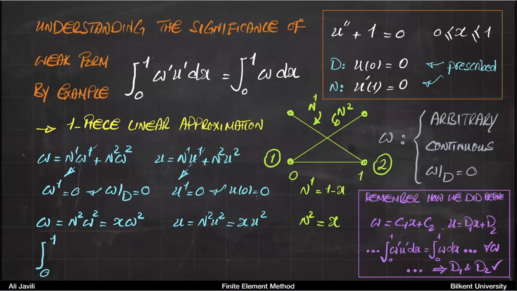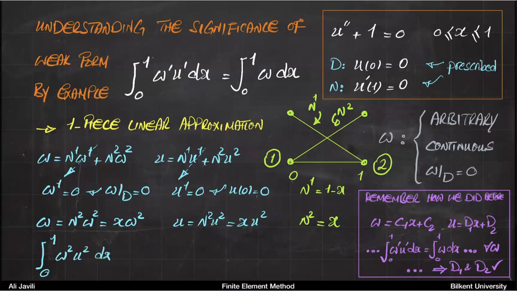Remember, w2 is a coefficient, a number: the value of w at point 2. So the derivative with respect to x gives you w2 itself. For u the same, so u prime would be simply u2.